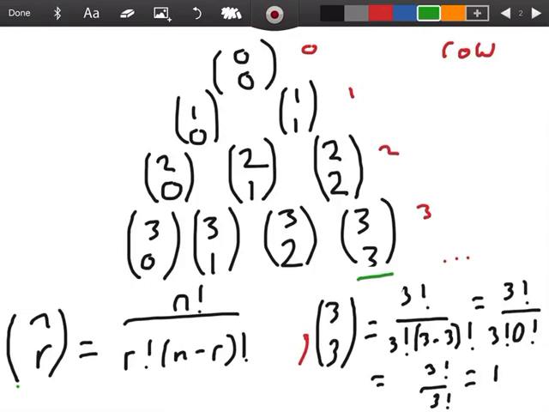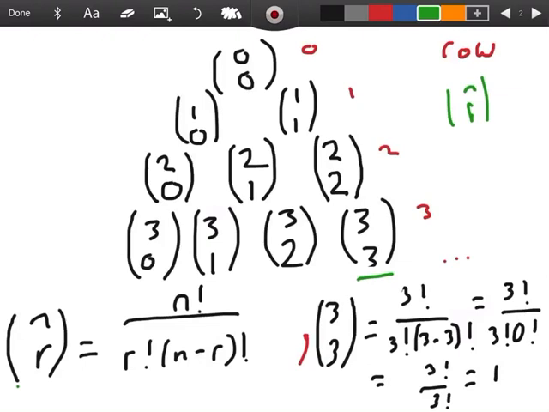So when we go down a row, we increase n by 1. So if we have 0C0, go down by 1, then we have 1C0, right? And then you have 2C0, 3C0, and so on. And then when we go across a row, we increase r by 1 every time. So at 2C0, it goes on the right to 2C1, then to 2C2.